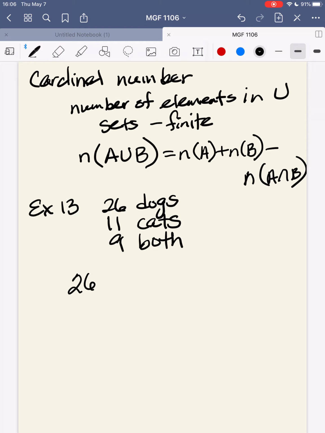I'm going to say dogs are element A. Plus the number of elements in B, for cats, is 11. Minus the number of A intersect B. Okay, so minus my 9. And when I go ahead and get that, I have the number 28. So you're just using the number values in the set. This tells me in the union, I should have 28 elements.